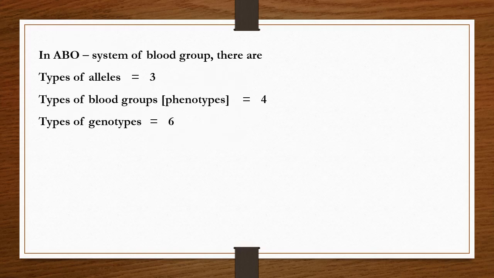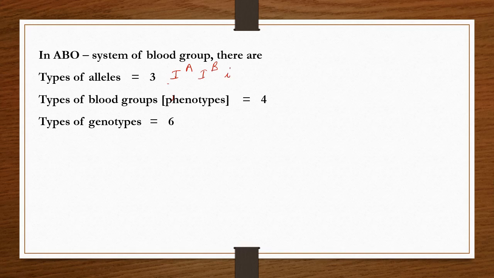In the ABO system of blood group, the types of alleles are three. That is IA, IB, and small i.